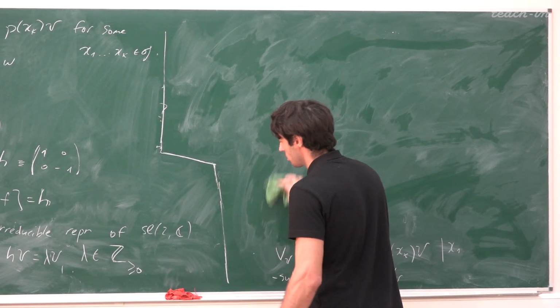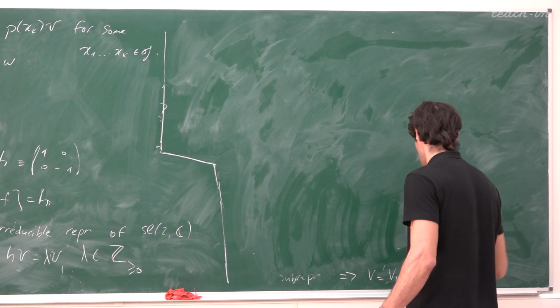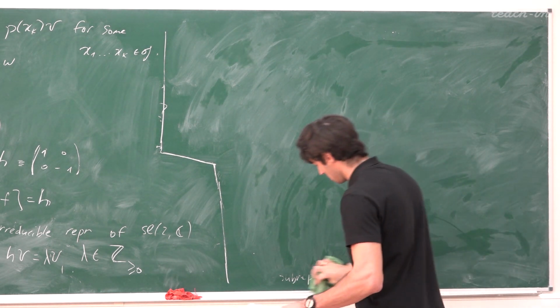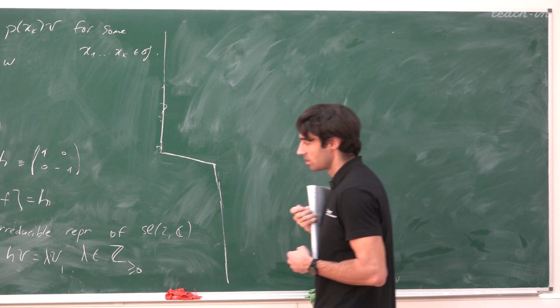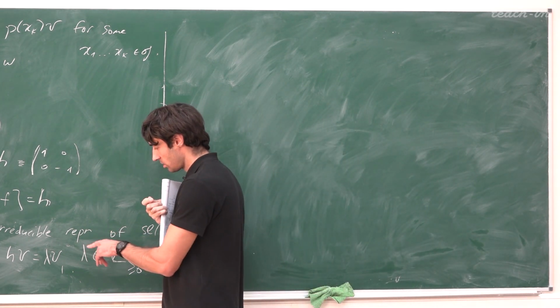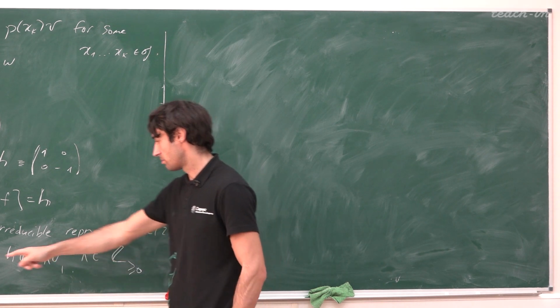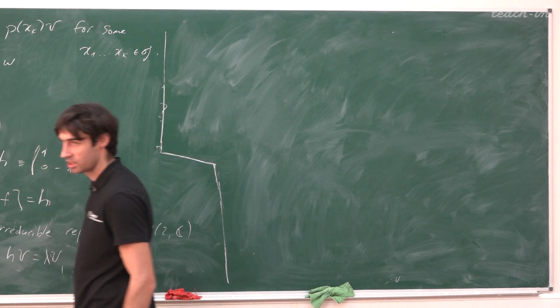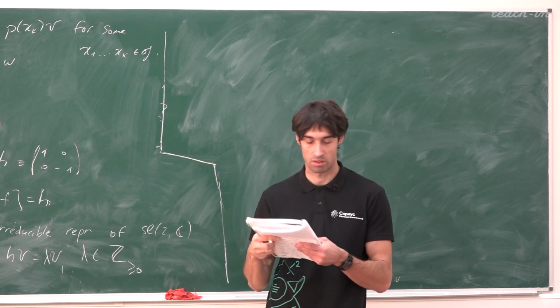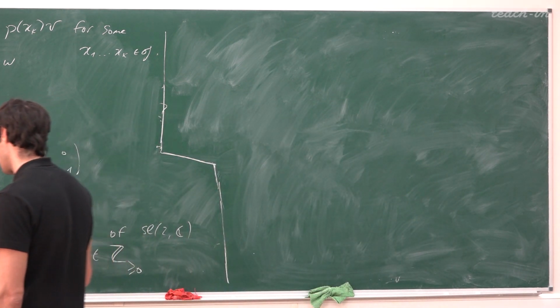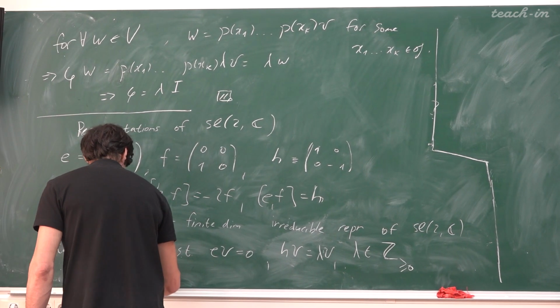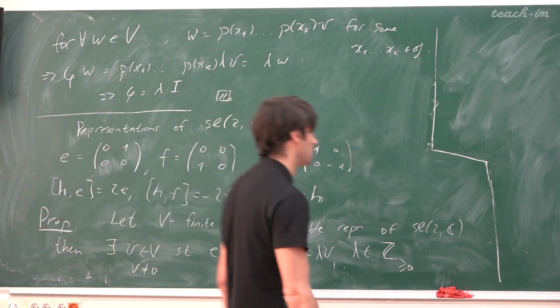For that I don't really need this to be irreducible. If it's reducible, then there are more than one vector like that. If it's irreducible, then there's only one. And of course, I would like this to be not 0.